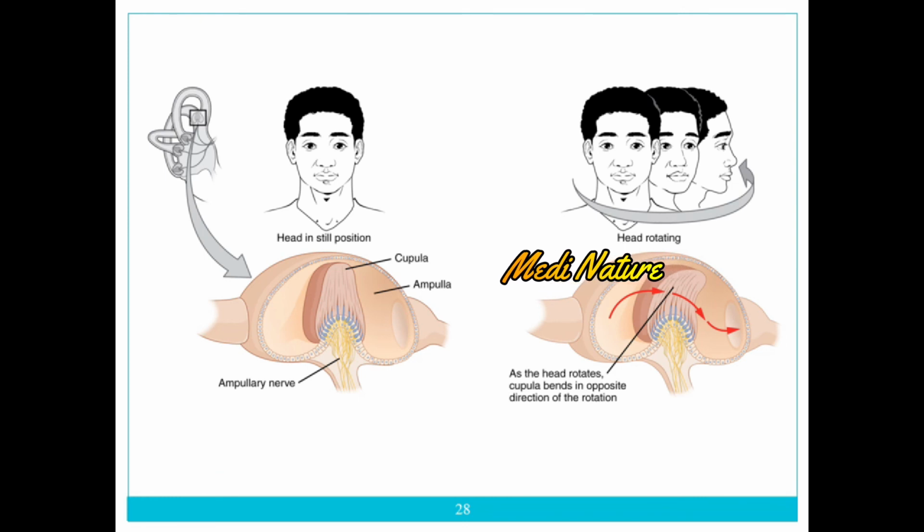When the head is in a still position, these tiny hairs are also still, or straight. But when the head is rotating, these tiny hairs of the cupula also rotate. This rotation stimulates impulses. These impulses go through the ampullary nerve to the brain, and then the brain detects there is a change in the position of the head.